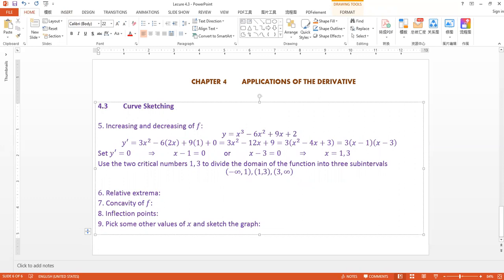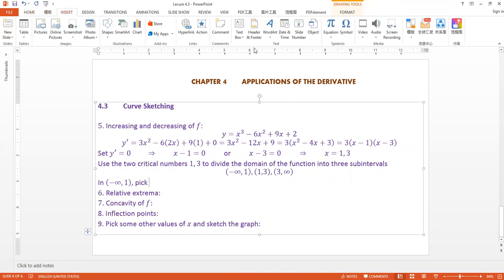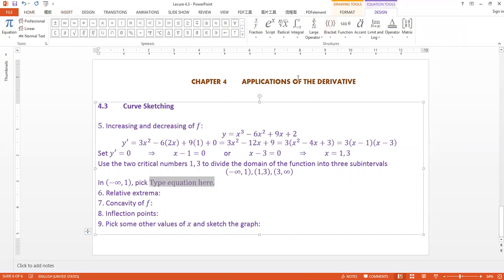Then we can determine whether the function itself is increasing or decreasing. Okay. So in the subinterval from negative infinity to 1, we can pick x equals 0. That's a good number, easy to compute.